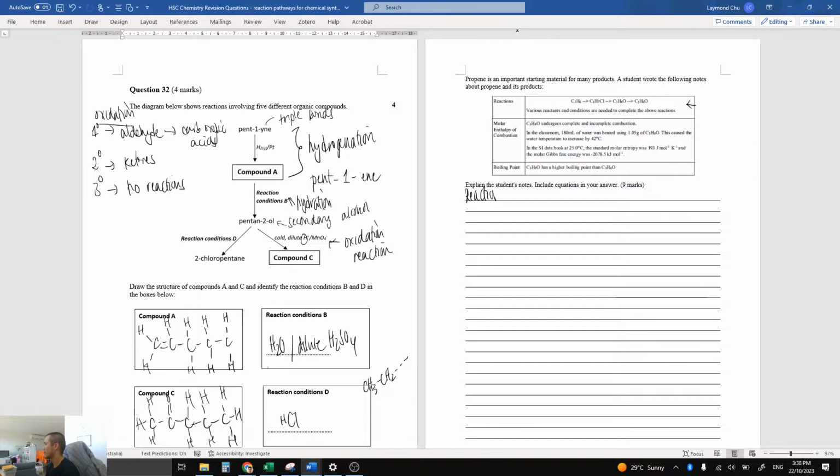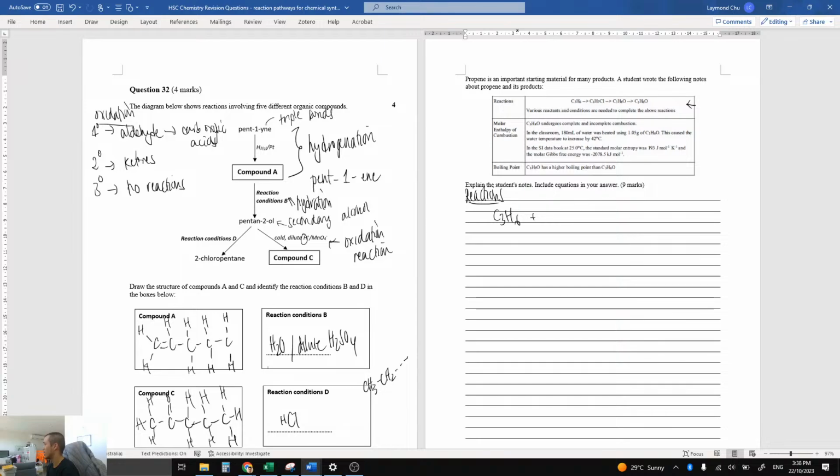Reactions, making a subheading or heading helps. So let's break down each of these reactions one by one and say what reactants, what catalysts, what conditions we need. So C3H6 to C3H7Cl. I should have probably left some space for that.